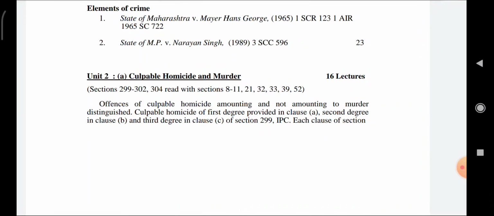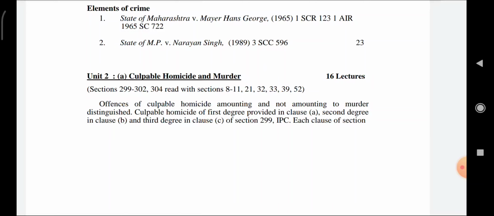We also have to read from 299 to 302, 304, read with sections 8, 11, 21, 32, 33, 39 and 52. Section 52 is about bona fide, good faith.